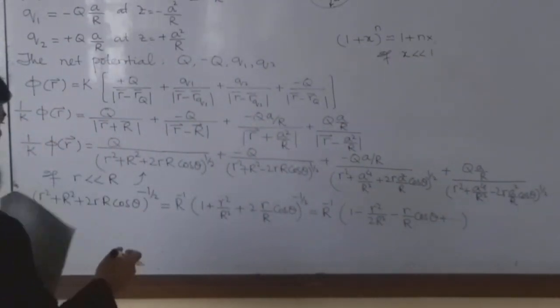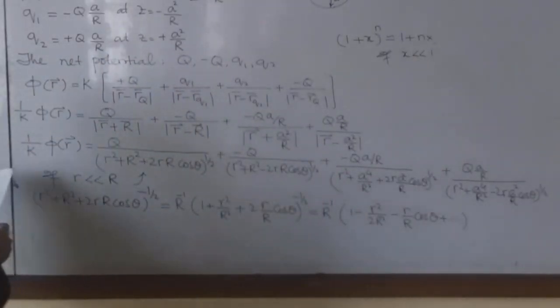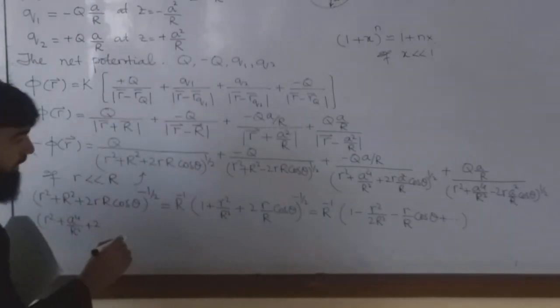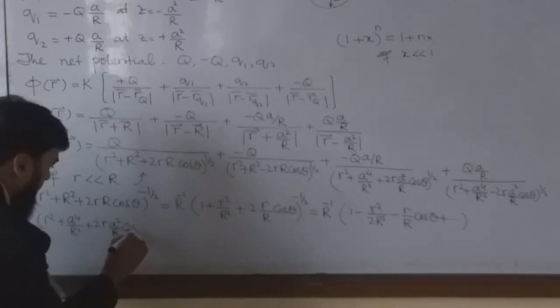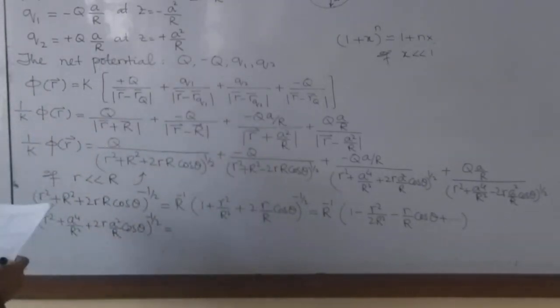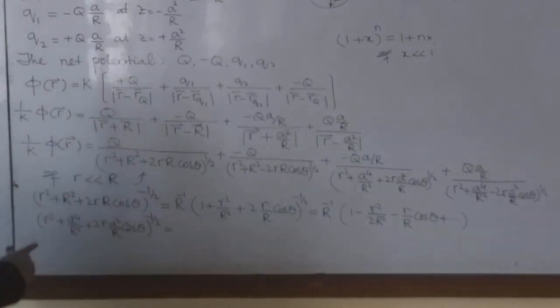Similarly, if I take one relation from here, then this will be r square plus a4 over r square plus 2 r a square over r cos of the angle, to the power minus 1/2. And here I take small r as common, because you know here that now this is not coming into the ratio.